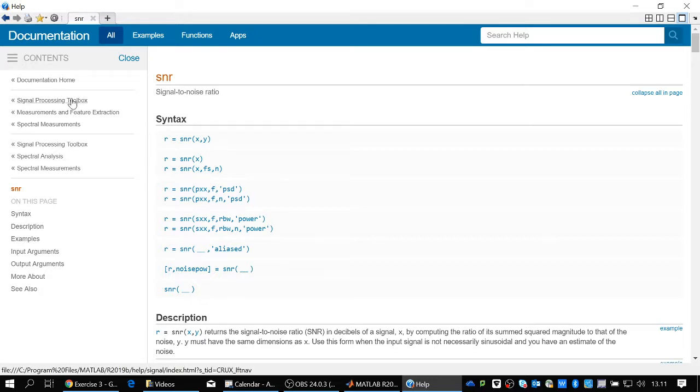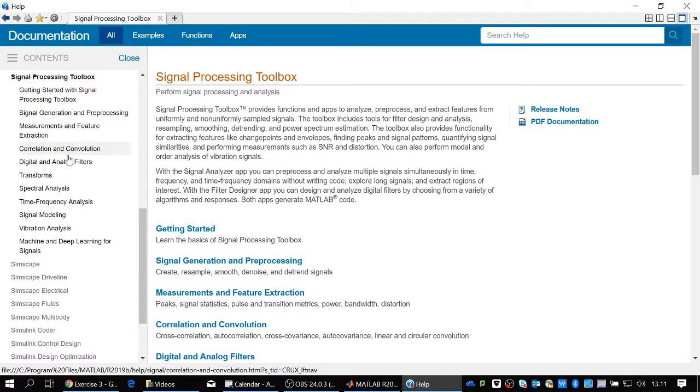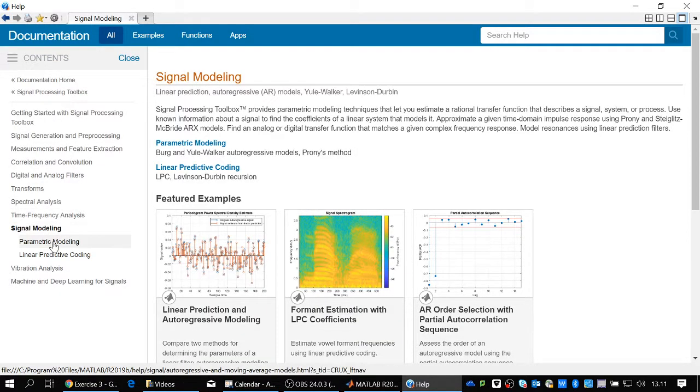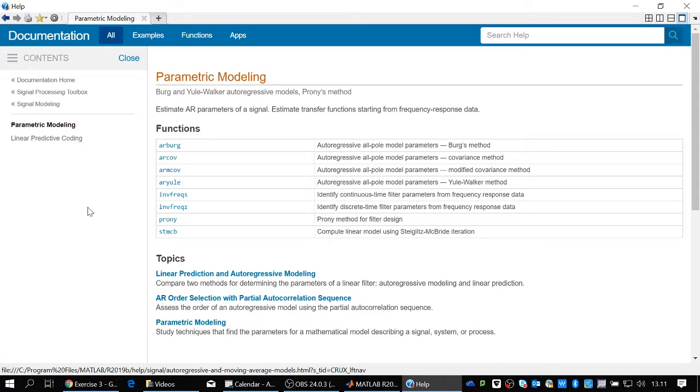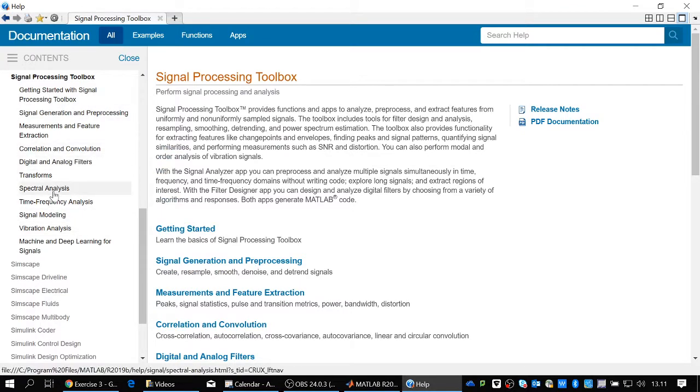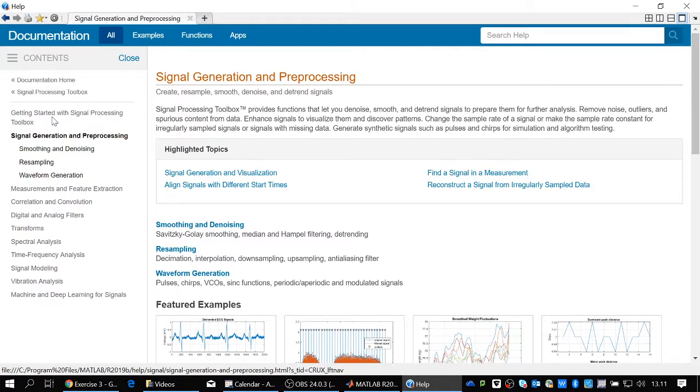Signal Processing Toolbox, correlation and modeling, signal modeling, maybe here. Parametric modeling, autoregressive, no. Signal Processing Toolbox again. Signal generation.